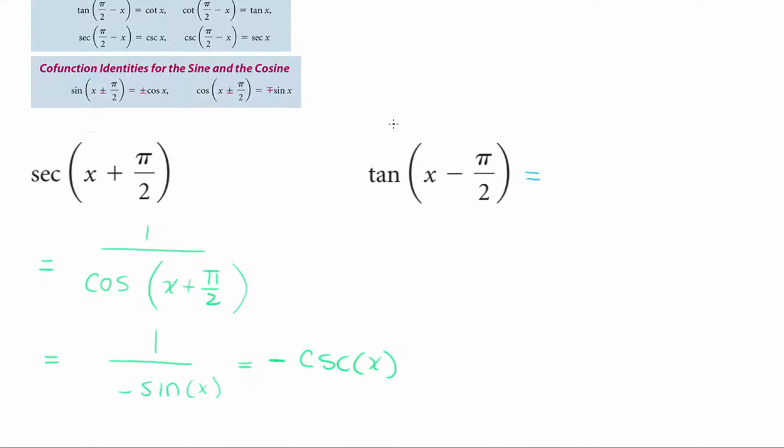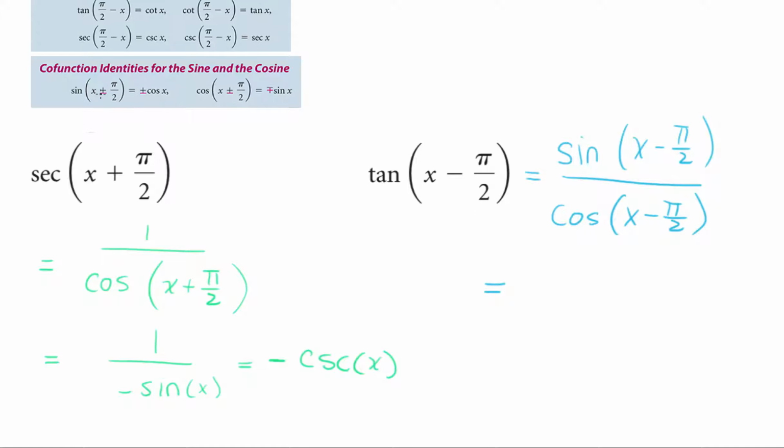Now for our next problem, tangent of x minus pi over 2. Well, what's the relationship? Tangent of x minus pi over 2 is the same thing as sine of x minus pi over 2 over cosine of x minus pi over 2. Well, what is that equal to?